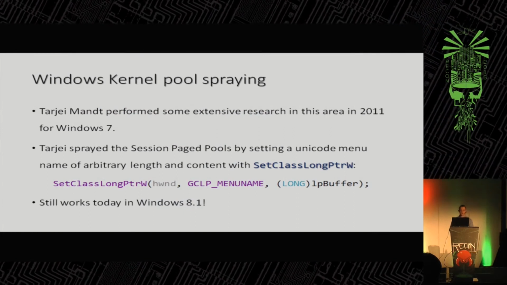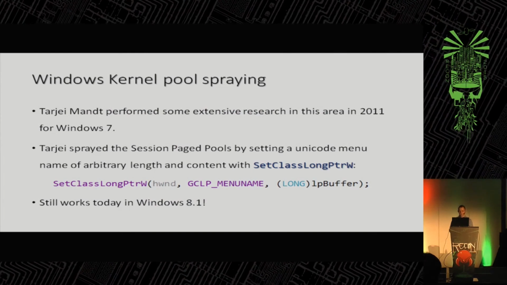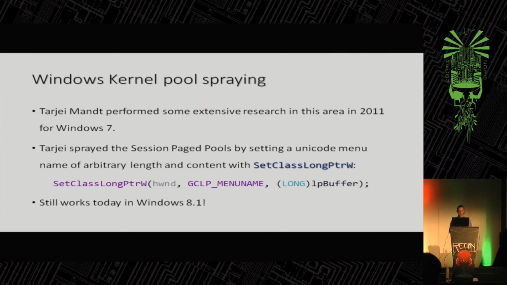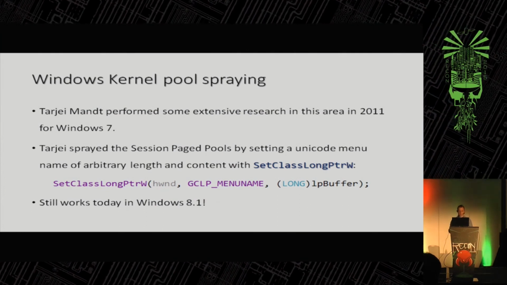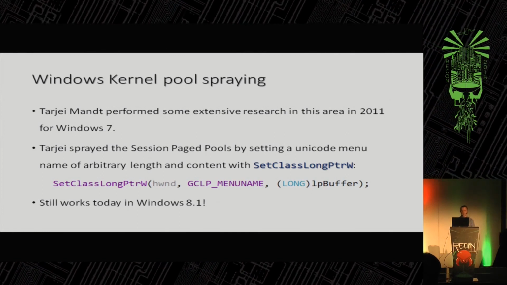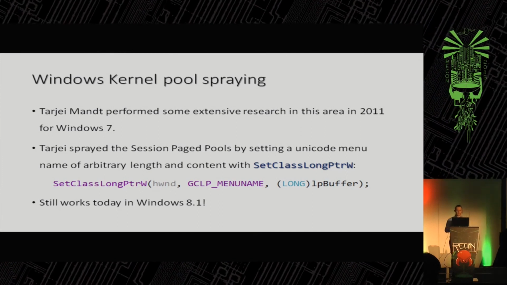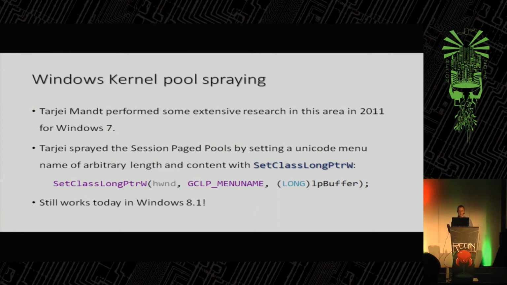If we think about how we can spray the pool, knowing that the allocation that we want to spray is within session page pool, we can look up some existing research, and it turns out that Tarjei Mandt was actually doing stuff like that back in 2011 for Windows 7. What he did is he just called a single function called SetClassLongPtr, which is responsible for setting a Unicode menu name of arbitrary length.